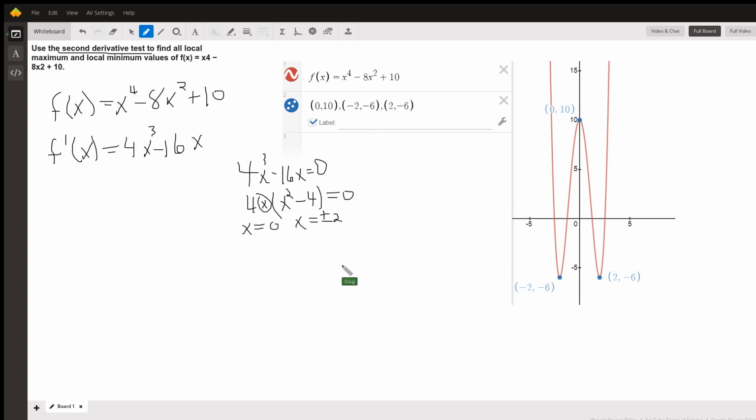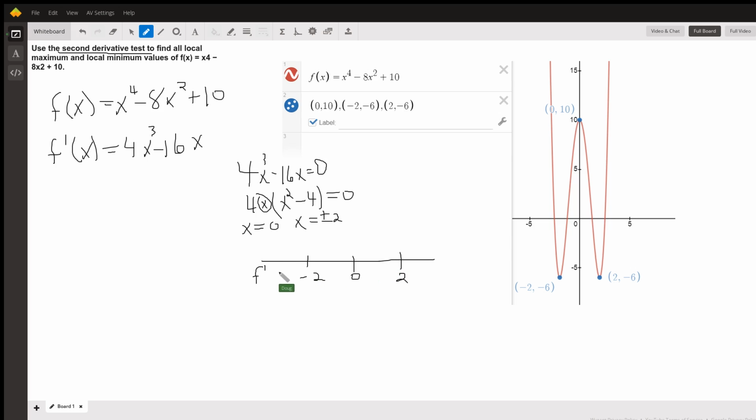Now realize at this point we could use the first derivative test to identify the local maximums and minimums. We could put -2, 0, and 2 on a number line and identify whether the first derivative is positive or negative in the intervals created by those critical numbers.